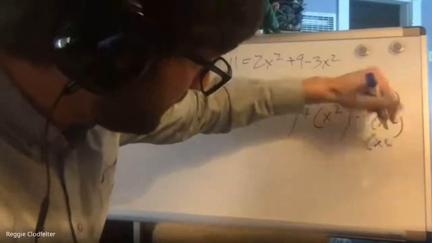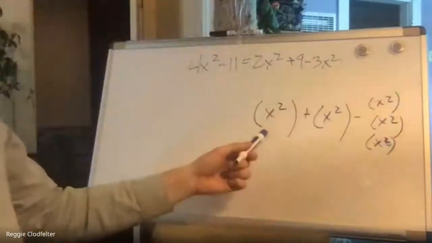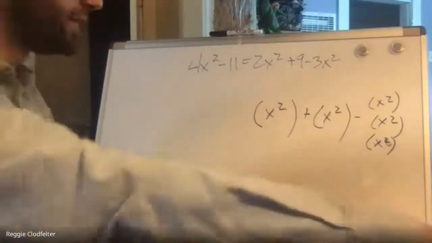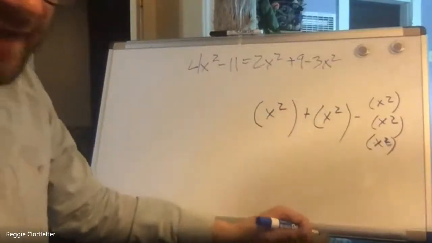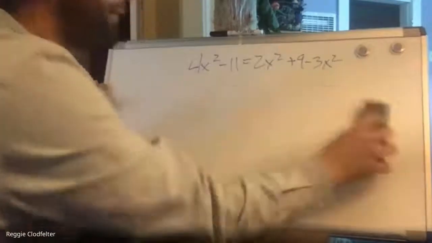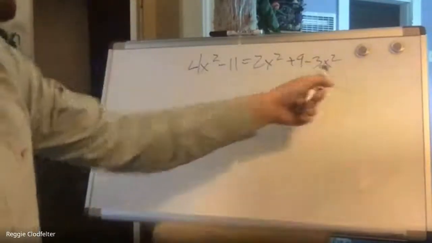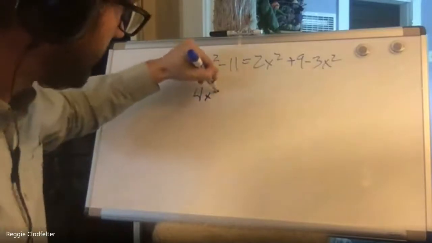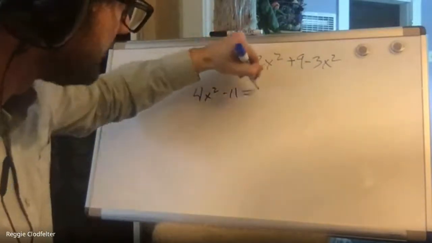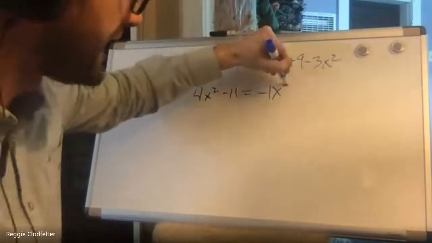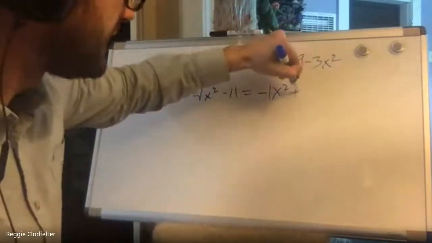So that's going to leave me with a negative x squared, right? So the first thing I'm going to do before I jump in is combine these two terms. So I actually have 4x squared minus 11 equals negative x squared, which again is like negative 1x squared, plus 9.